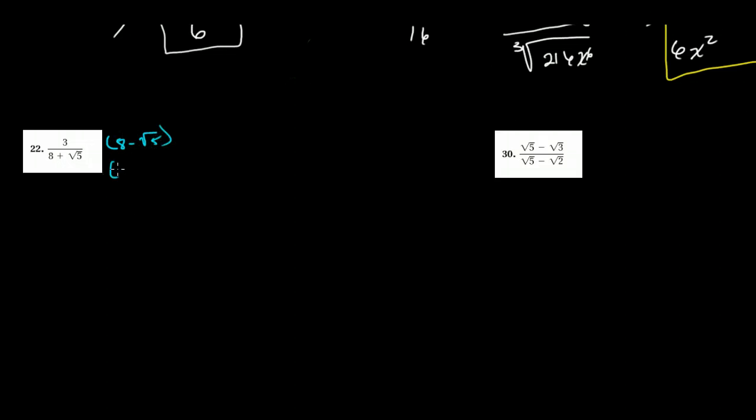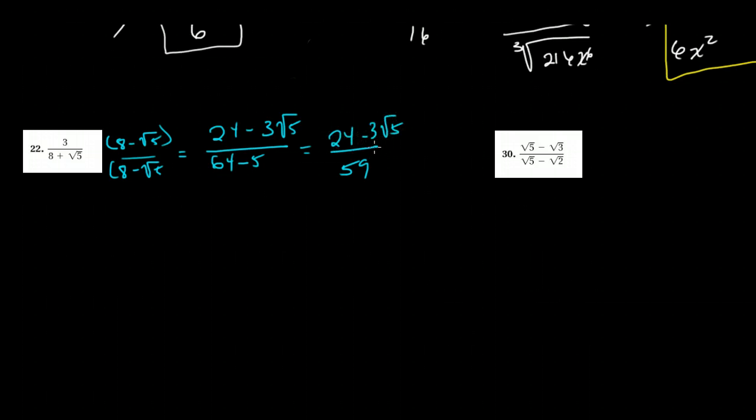In the denominator, that will give us 64 minus 5, which is 59. And in the numerator, it'll give us 24 minus 3 radical 5.